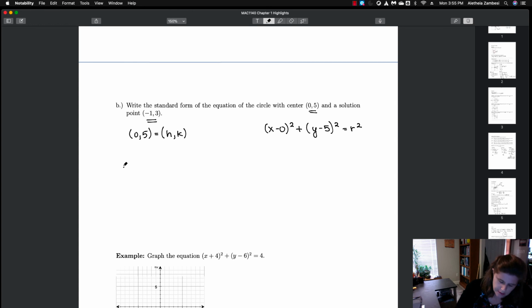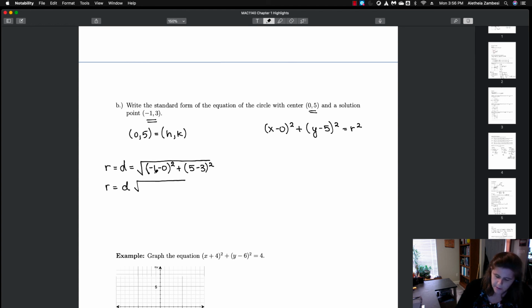So remember the distance formula. We're going to subtract our x values and square it, so (−1 − 0)², and our y values and square them. And this is really what we're solving for, the radius.